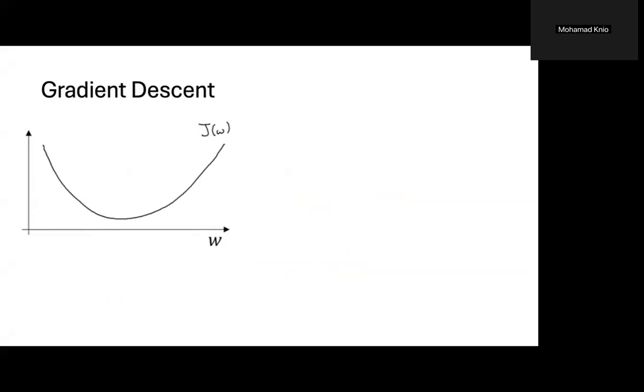For gradient descent, we are going to repeatedly carry out the following update: we take this value W and update it, setting W to W minus alpha times the derivative, dJ(W)/dW. We repeatedly do that until we reach the lowest point, or until the algorithm converges. In other words, until we reach the lowest point of the graph possible. A couple of points on the notation: here, alpha is the learning rate.